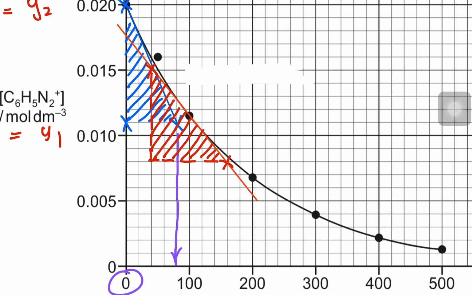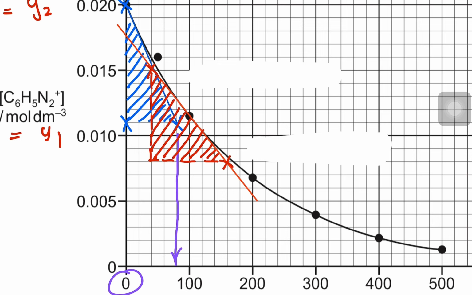Let's write our values here. My y2 is going to be 0.015, and my y1 is going to be 0.008. You can pause the video again to see how I found these points.